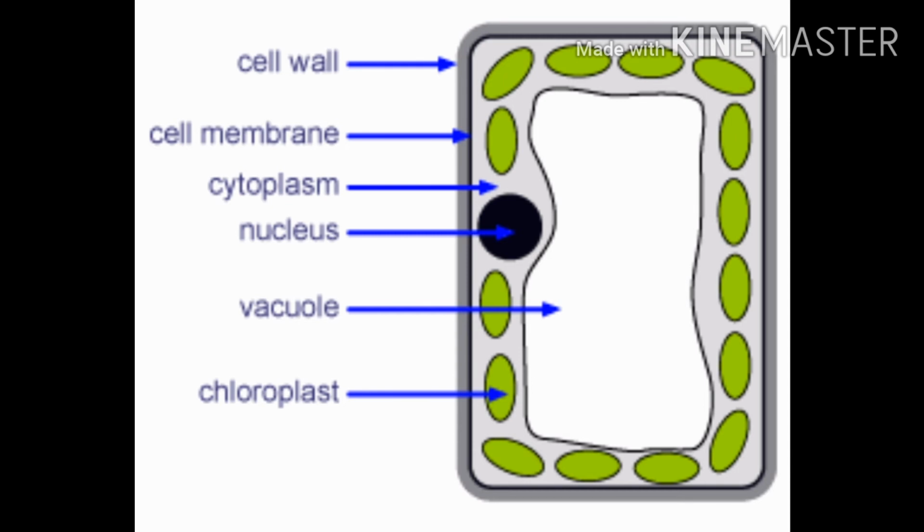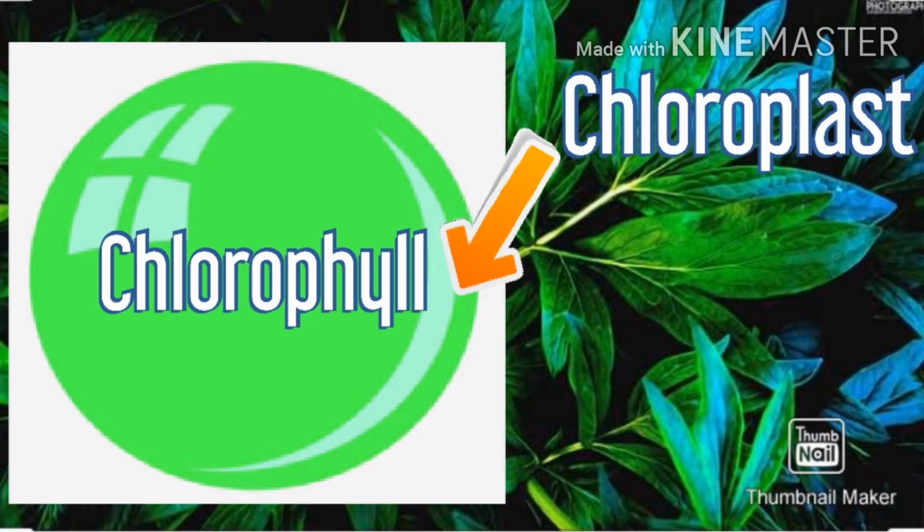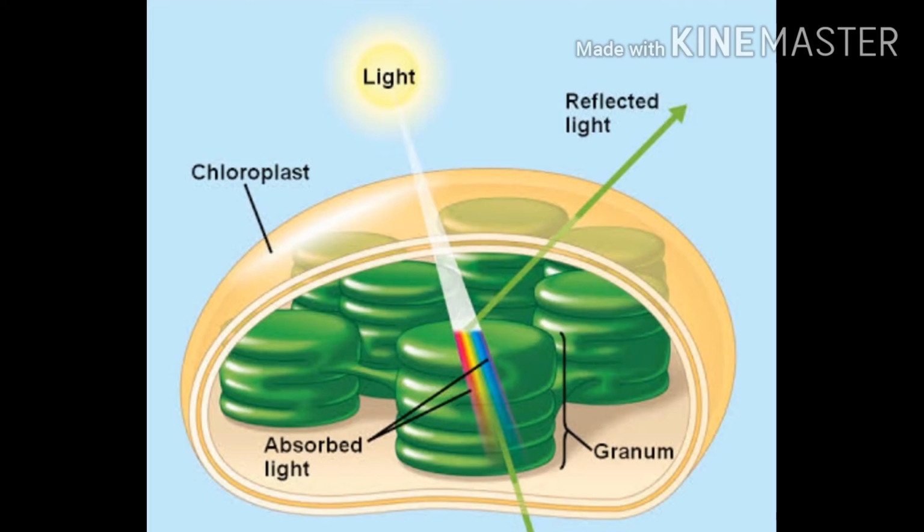We also need to know the structure of a plant cell. A plant cell contains a cell membrane, a cell wall, the chloroplast, a vacuole, a nucleus, and a cytoplasm. The chloroplast in the leaf cells contains a green pigment known as chlorophyll.